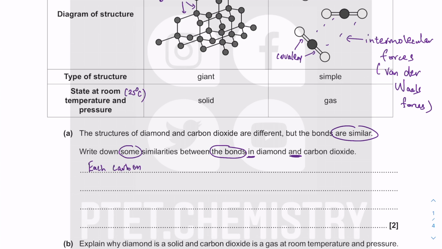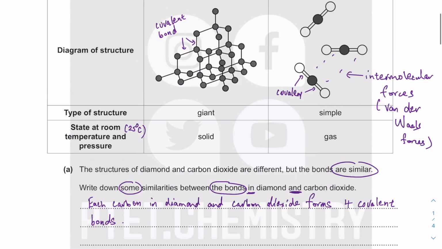Each carbon in diamond and carbon dioxide forms 4 covalent bonds. Okay, what else can I say? The bonds in diamond and carbon dioxide.